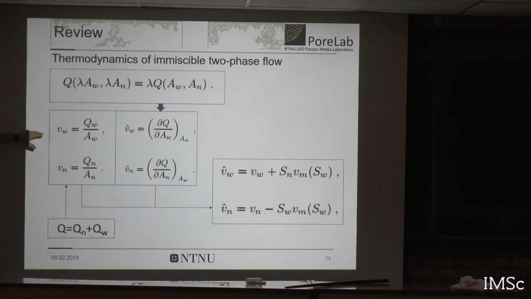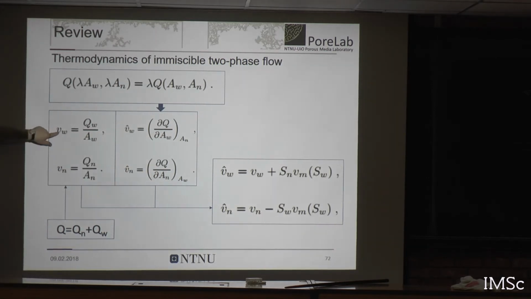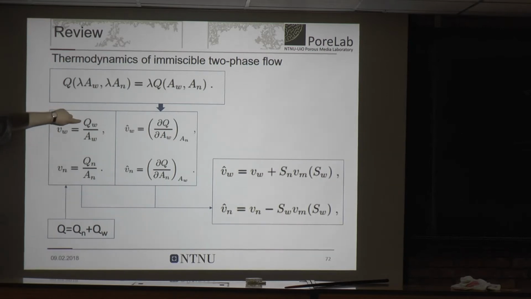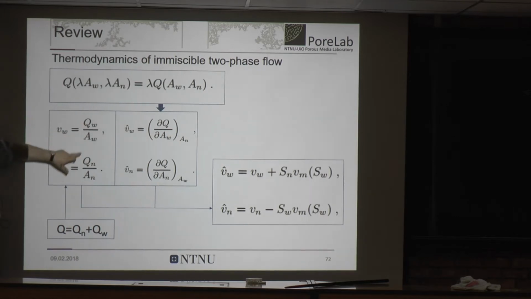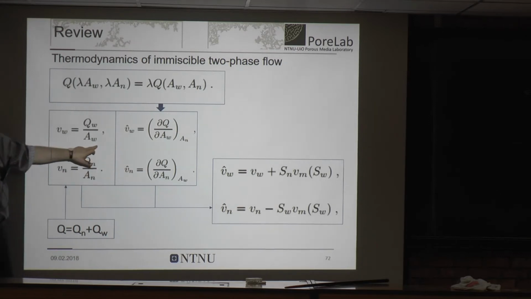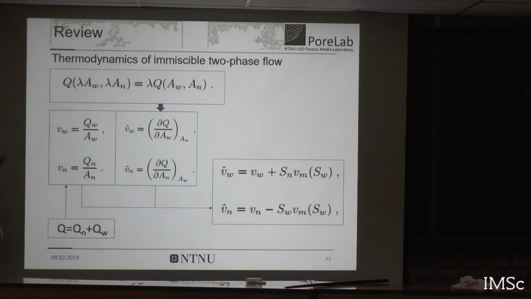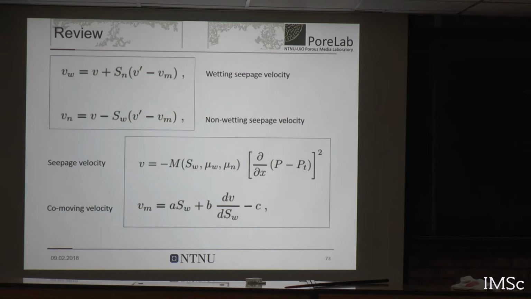And then at the same time, you have the average wetting seepage velocity, which is the wetting volumetric flow rate divided by that area, and the same here. They are not the same, but they are bound together through a function here. That's this form, and that defines a velocity scale, a velocity function. And that velocity function we call the co-moving velocity.